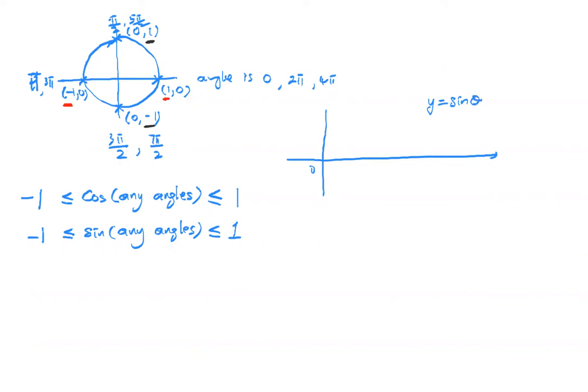okay. So usually when we plot the graph for cos or sin, when we use our graphic calculator, everyone take out your graphic calculator. I want you to put within the domain of 0 and 2 pi.